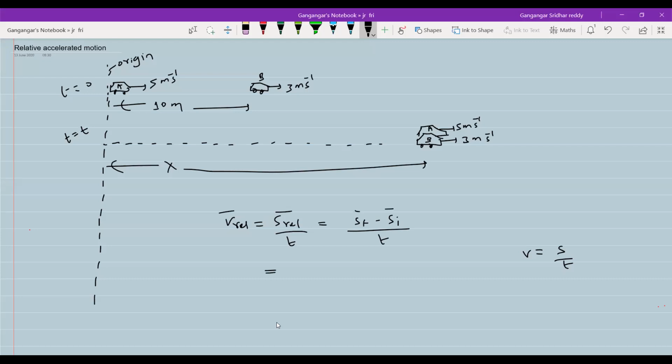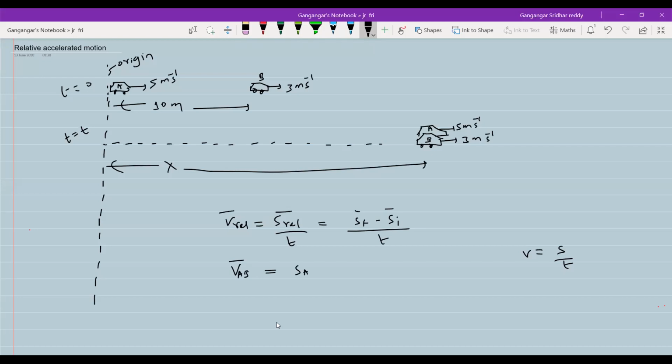So what is the final separation? It will be 0. So the formula will end up like this: VAB, velocity of A with respect to B, or you can write velocity of B with respect to A. Since you are very familiar with AB, I'll write VAB.